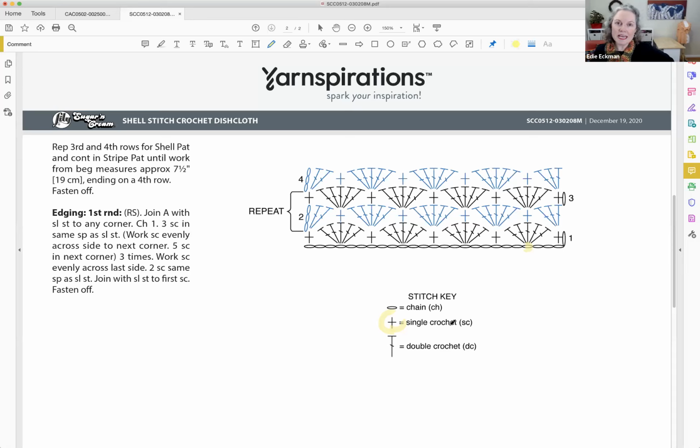In other words, you would make it like you make a single crochet, but they just call it a double crochet in England. So it would be defined as double crochet, but the meaning of the symbol stays the same, even when the name of it changes. I hope I explained that well enough to make sense.